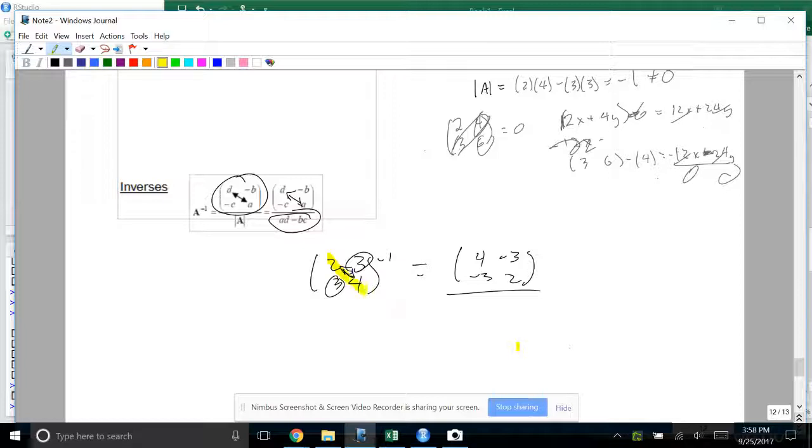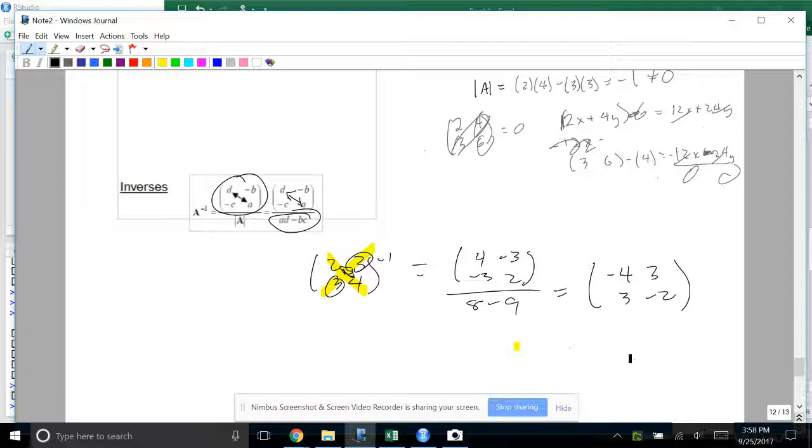What do we have here? We have 8 minus 9, so that's negative 1. So our inverse is negative 4, 3, 3, negative 2. Oh man, we get the same answer. So cool, we got it.